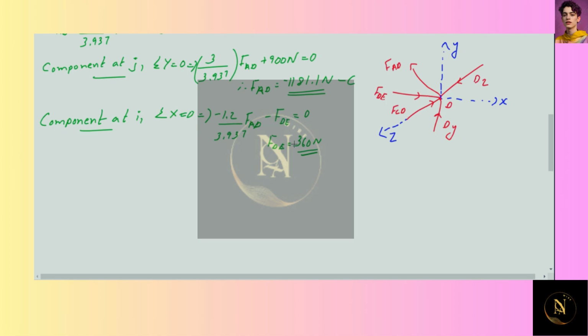Here actually there is a negative sign. If this goes to the right hand side, FDE will be minus of FAD, so this minus and this minus will cancel and become positive. So here the direction of FDE is going inward. That creates compression. So let's denote it by the letter C.